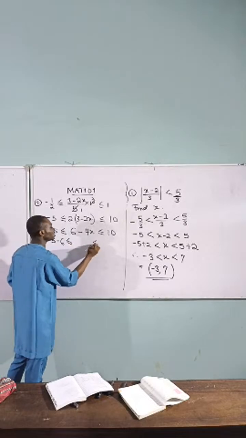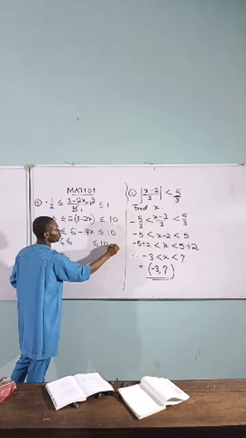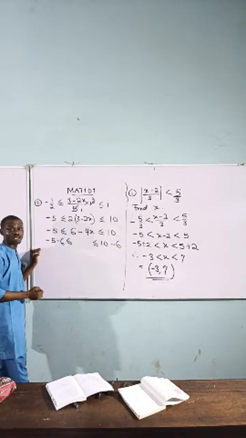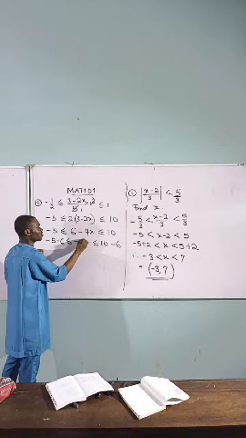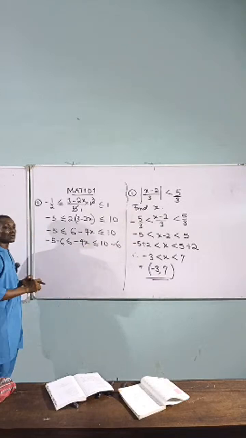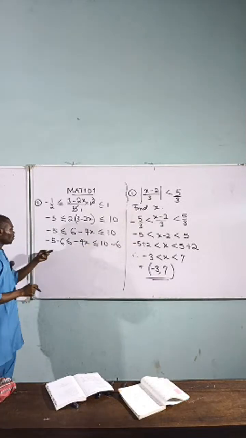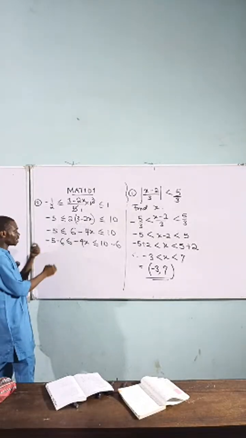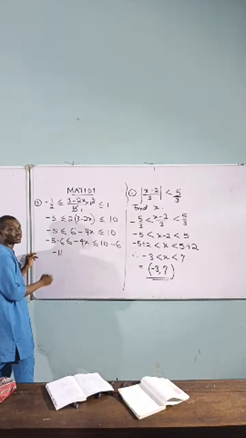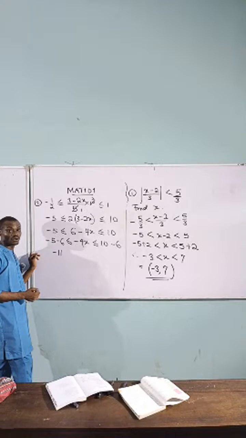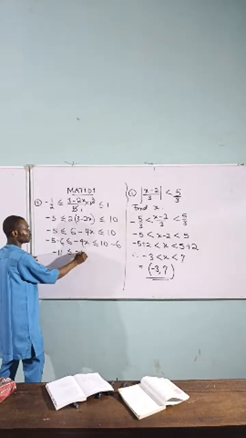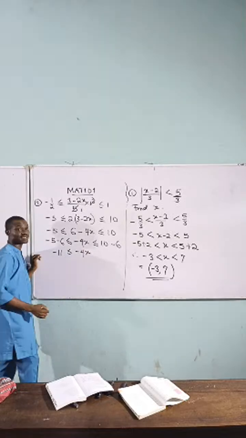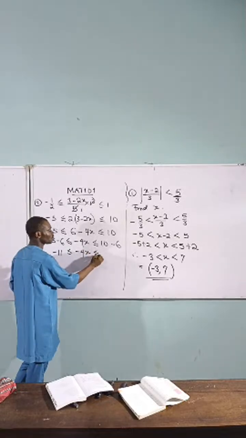On this side, you will also bring it over, it will still be minus 6. While at the center, you now have only minus 4x left. So you will now finish up here. Minus 5 minus 6 is minus 11. If you are still following, you let me know. All right, and this is less than or equal to minus 4x, which is less than or equal to 4.